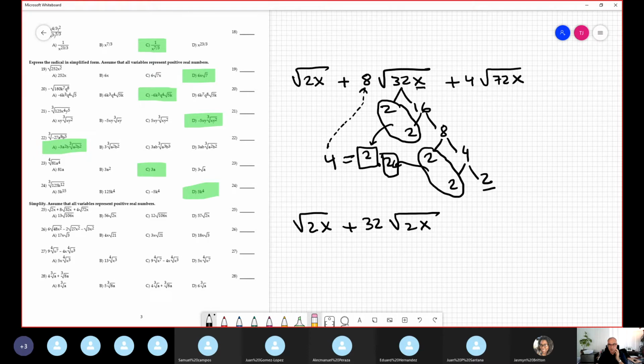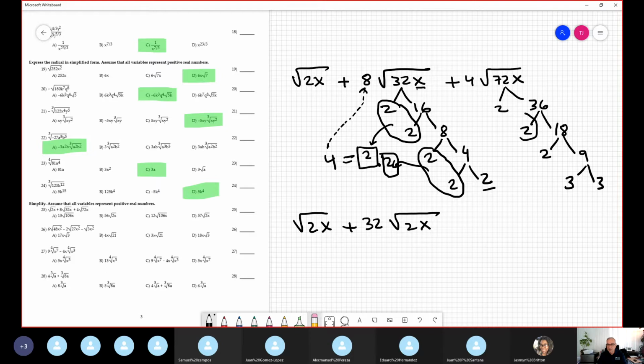Now let's move on to the last one. The last one is 72. 72 is even. 72 divided by 2 is 36, no? 36 divided by 2 is 18. Divided by 2 is 9. Divided by 3 is 3.